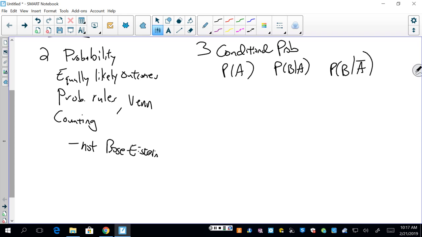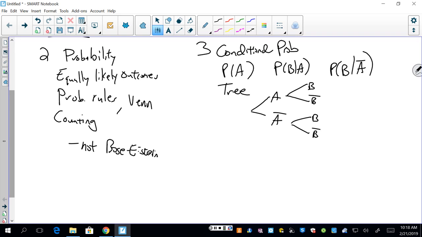Out of those, you could make a tree, A and A complement, and then B and B complement could happen after that. So you really have 4 outcomes: A and B, A and not B, not A and B, not A and not B. That was a simple tree. The trees could be a little bit bigger than that.